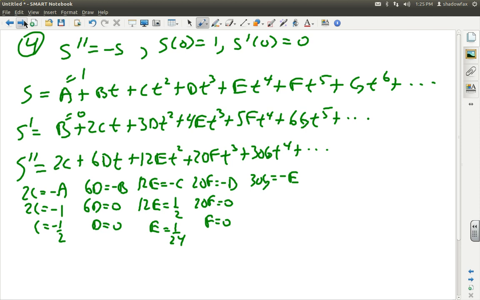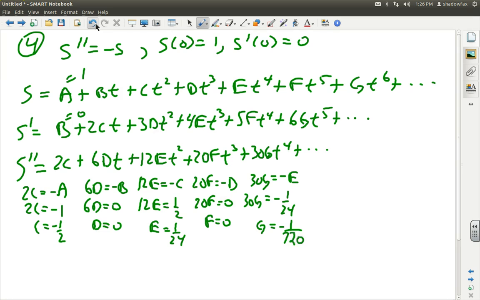Okay, but e is 1/24, so 30g equals negative 1/24, so g is negative 1 over, what is that? 720, isn't it? Okay, good.